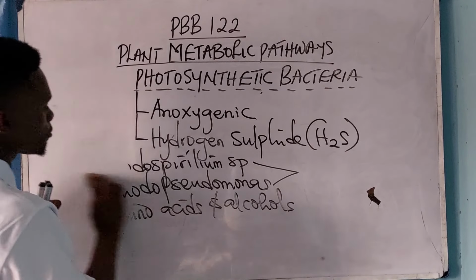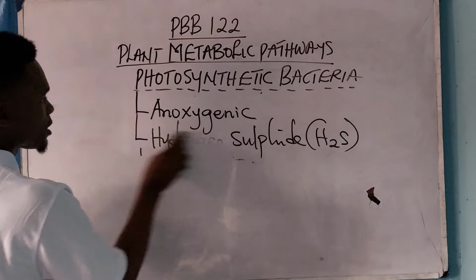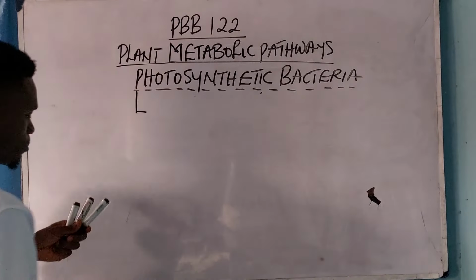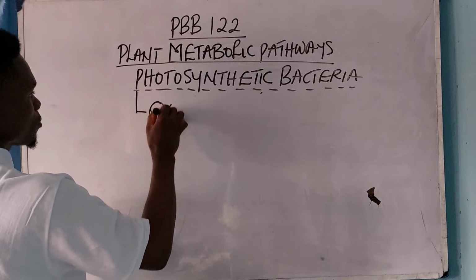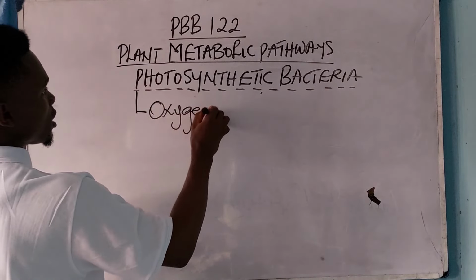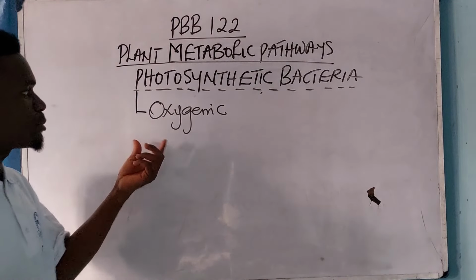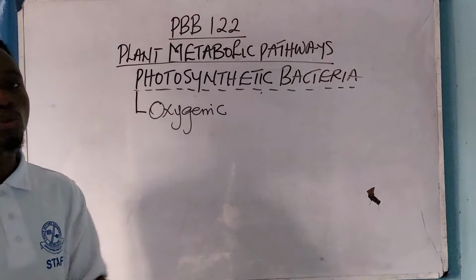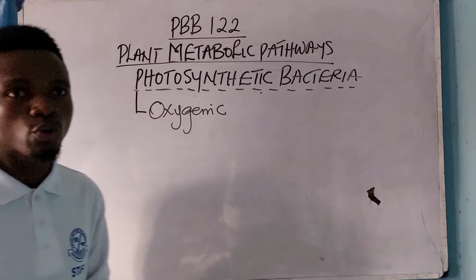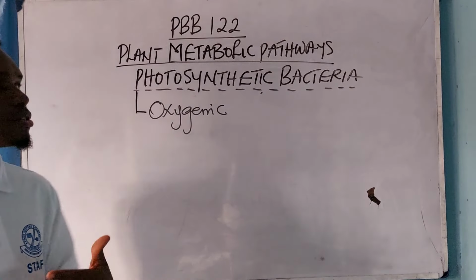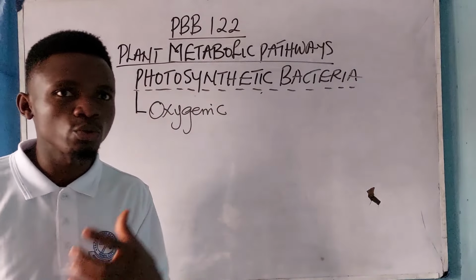Then the other type of photosynthetic bacteria is the oxygenic photosynthetic bacteria. As the name implies, they produce oxygen through photolytic reaction. They'll ask you which of these species of bacteria carry out photolytic reaction.